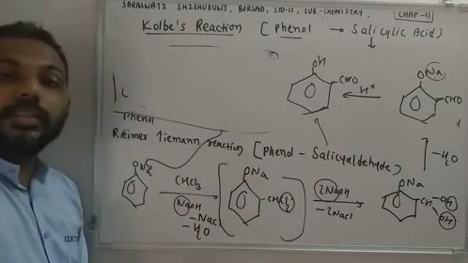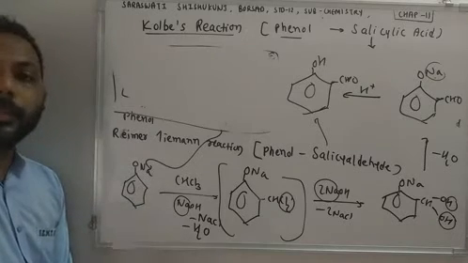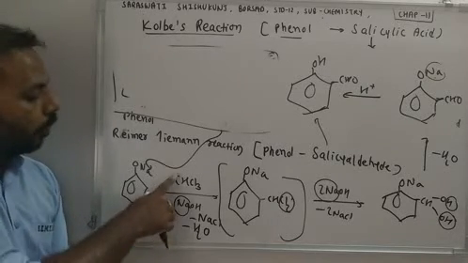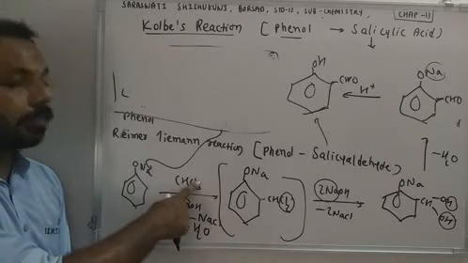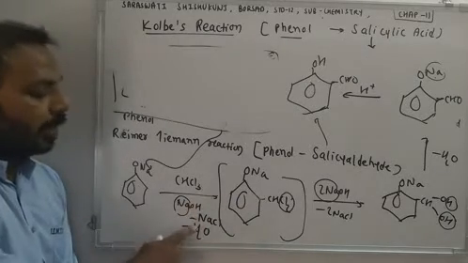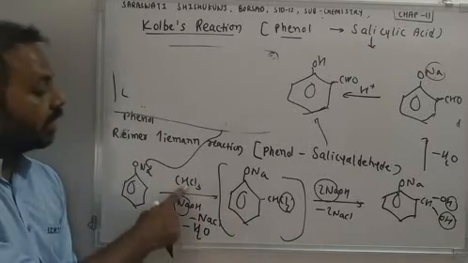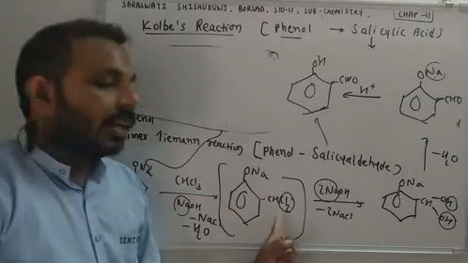So the first reaction is phenol reacts with NaOH and forms sodium phenoxide. The second step is chloroform plus NaOH: Na plus from NaOH and Cl from chloroform will form NaCl. H plus from benzene and OH minus from the base will form H2O. So what is left? CHCl2 is left. So there is addition of CHCl2. This is an intermediate product.